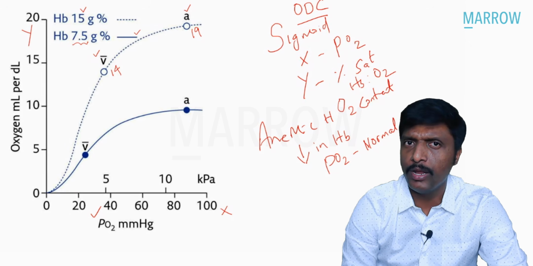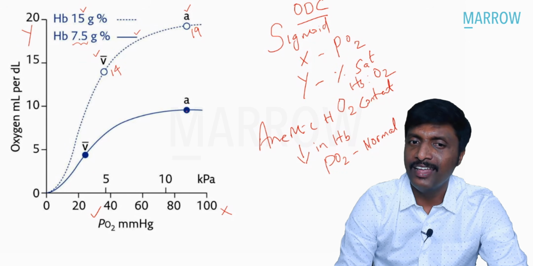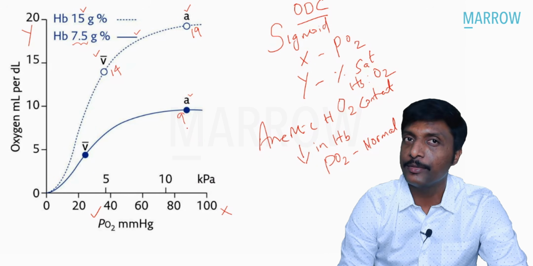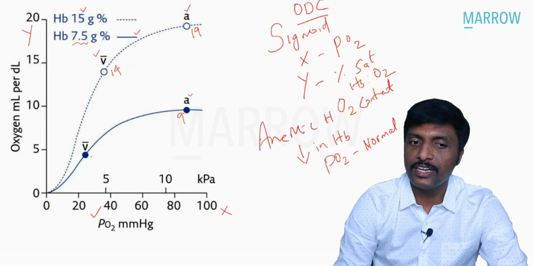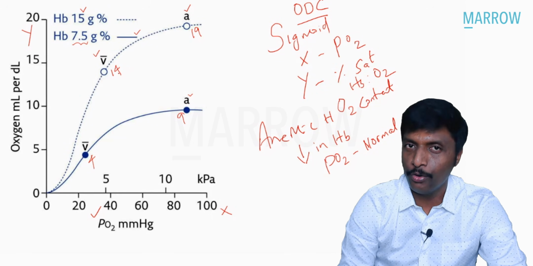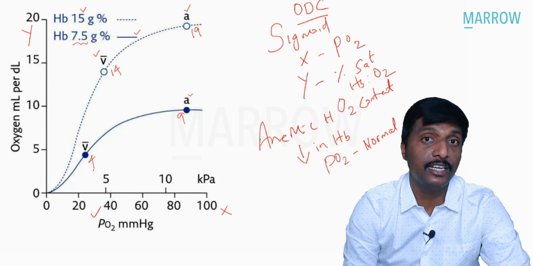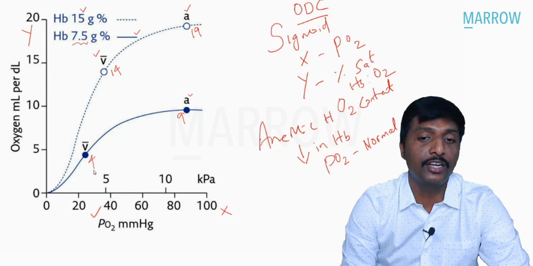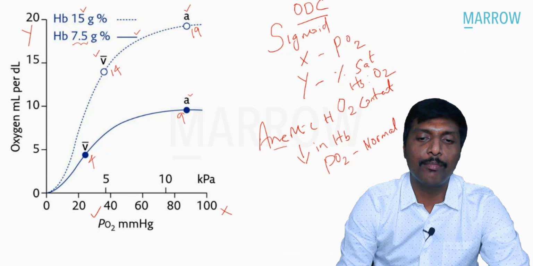Fall in hemoglobin, anemia, anemic hypoxia. The arterial oxygen content is reduced to around 9. The venous oxygen content is reduced to 4. From 19 and 14, it is reduced to 9 and 4. More than half, more than 50% reduction. We call this anemic hypoxia.